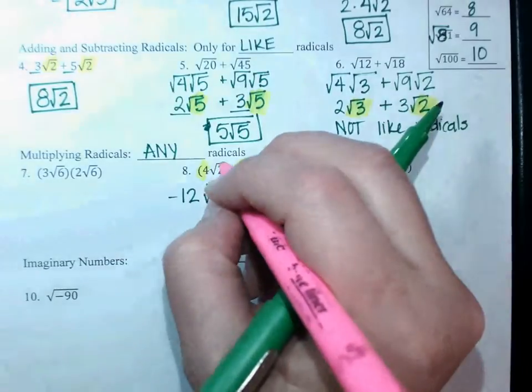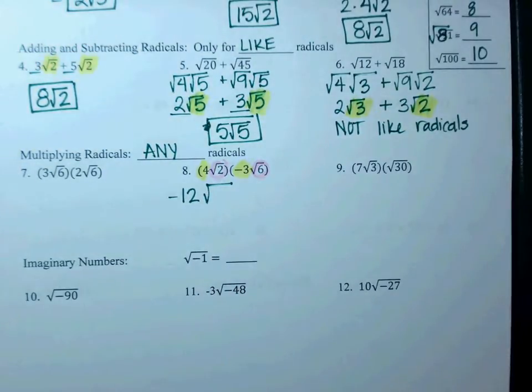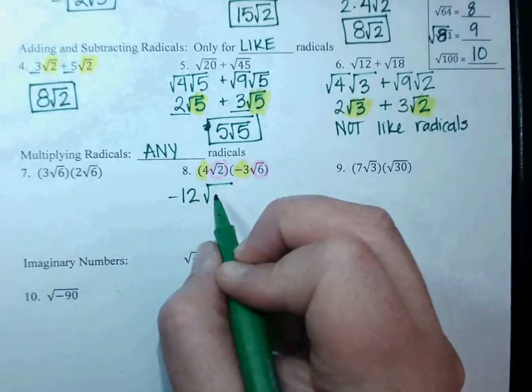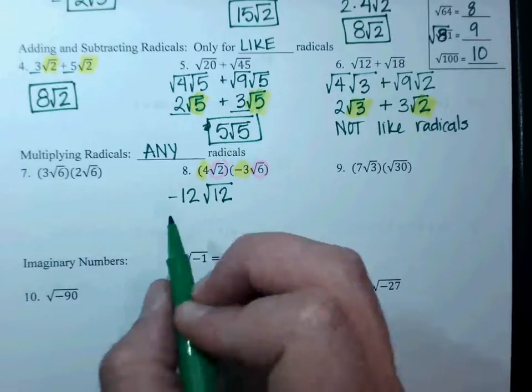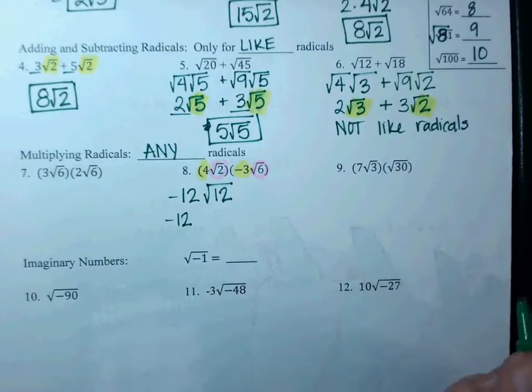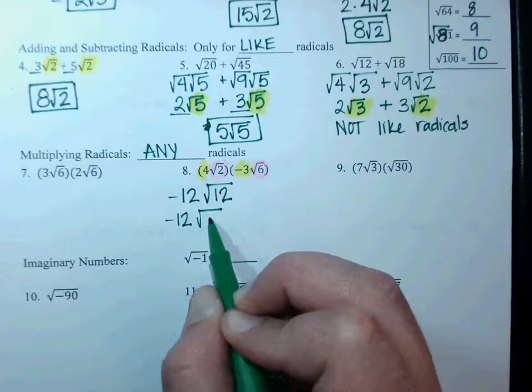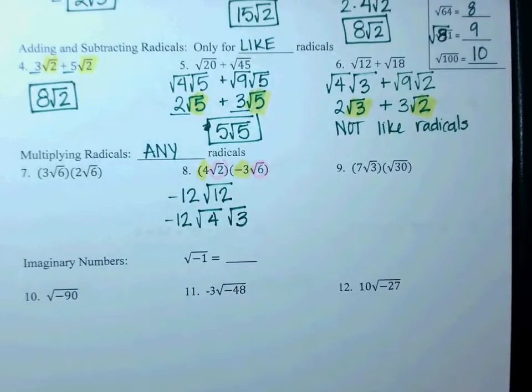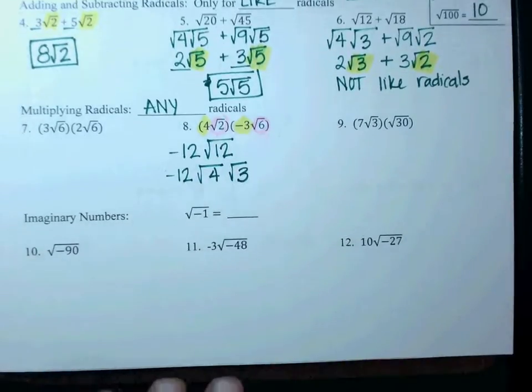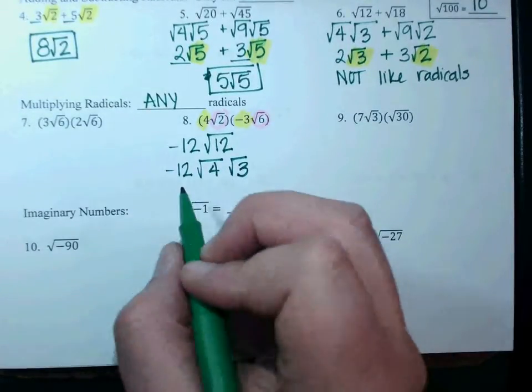So this was a square root 2 and a square root 6. Multiply them together, what is it? Square root 12. Then I have to look at my list. If 12's not perfect, I have to see if there's anything in there that is perfect that it can divide by. 4. Very good. So I'd have negative 12. And then I'm going to split this up into 4 times 3. Is anybody confused on why we're doing that? Okay, and then what is the square root of 4?